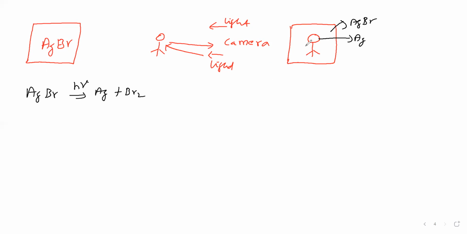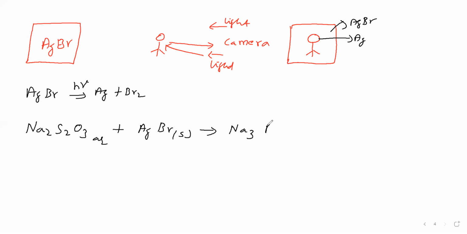Then this photo is taken. Then this film roll should be taken out from the camera in the dark room. Then the film roll is dipped in hypo solution, Na2S2O3 solution. It combines with the silver bromide to give a complex.